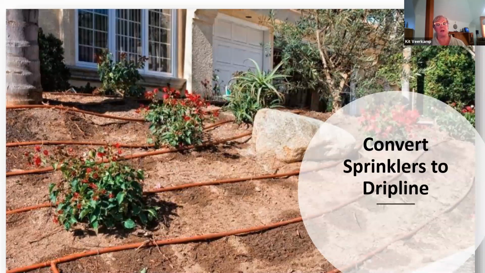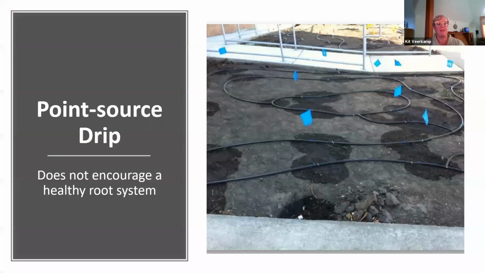What I did was plug off all the heads, capped them all off, and just used one of those heads closest to the valve and connected the dripper line system in just like you see here and ran that out. Once you get your planting done, then you bring in your mulch and put it over the top of the dripper line so you don't see it. When you start to see your dripper line showing again, that means you need more mulch. It's a good way to be reminded to do that.